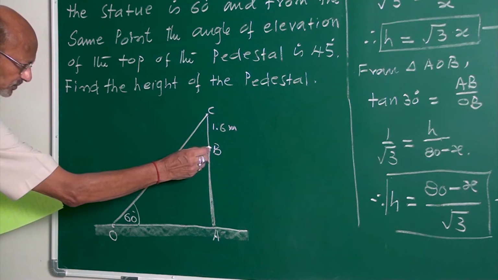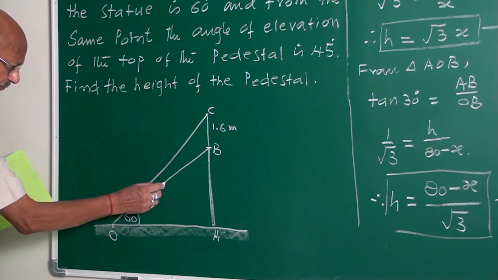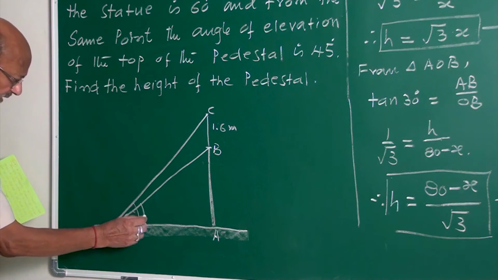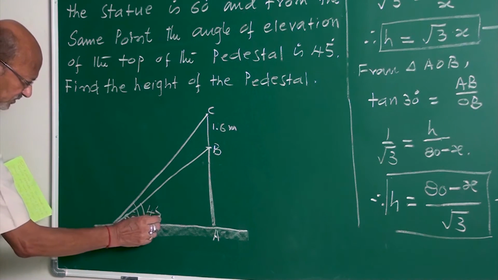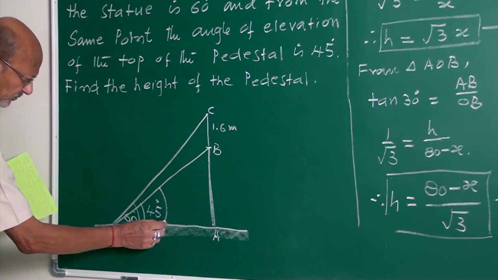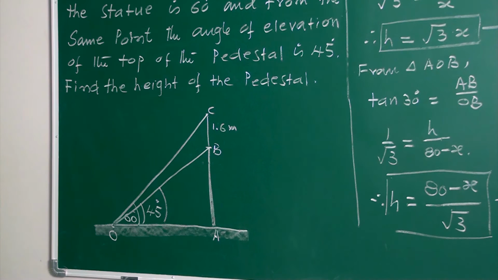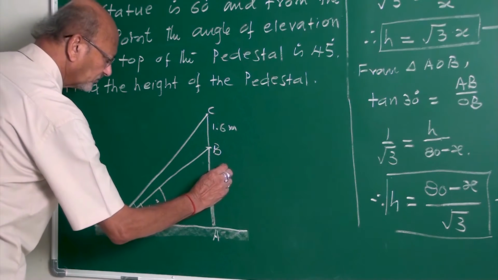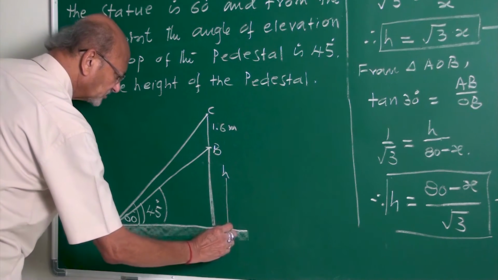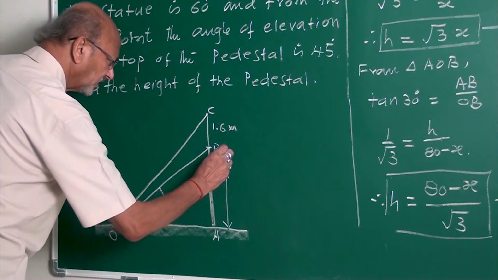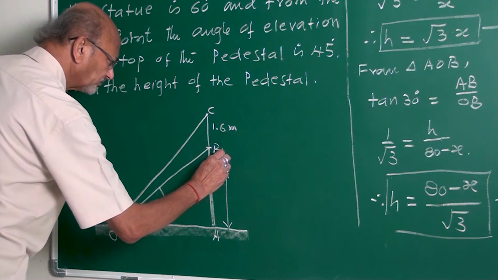Then, at the top of the pedestal, the angle formed is 45 degrees. Then you want to find the height of the pedestal. We have taken this as h, the height of the pedestal.